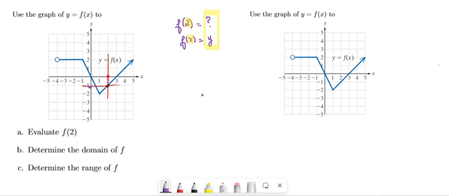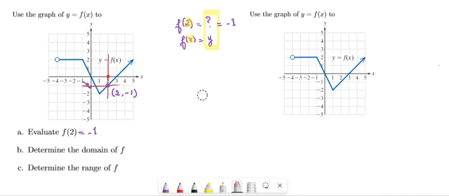All right, so what does this mean? It means that this point on the graph has the coordinate 2 for the x and y equals -1, right? So then f of 2 will be equal to -1. So this is your first answer.